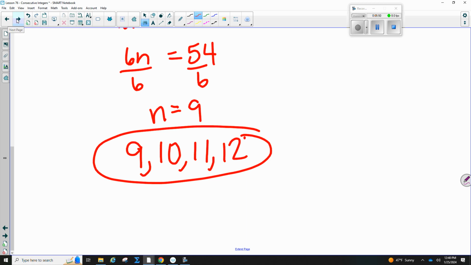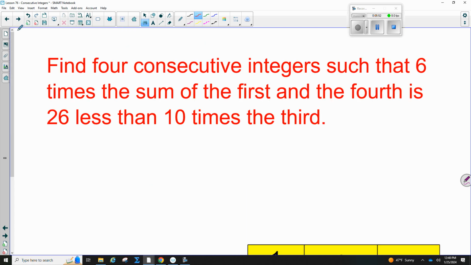All right, find 4 consecutive integers such that 6 times the sum of the first and the fourth is 26 less than 10 times the third. All right, how many integers do we need? 4. So I would at first write this down, and it really does help you guys to list them out. You can visualize better which number is which. So that's why I always write them out. All right.